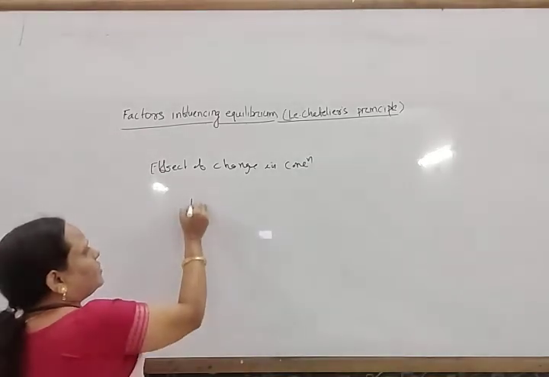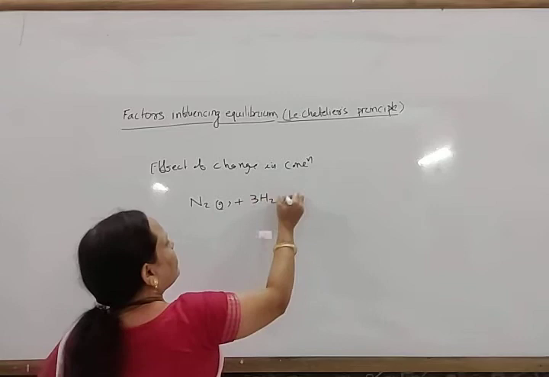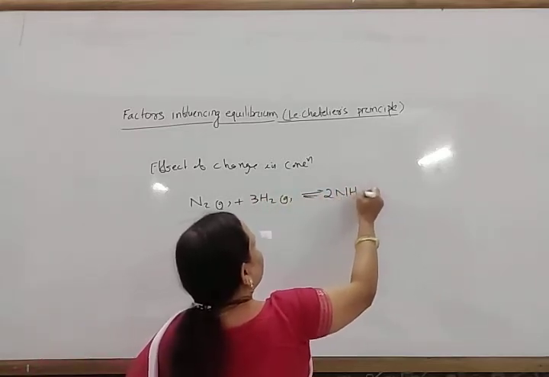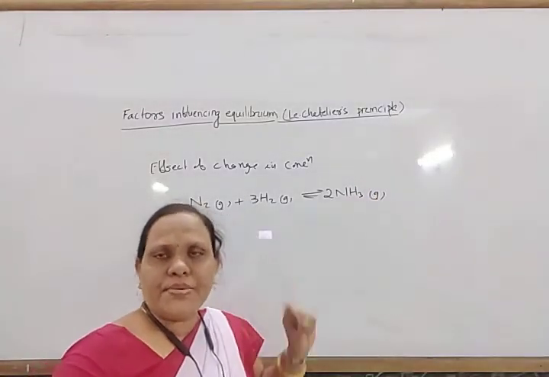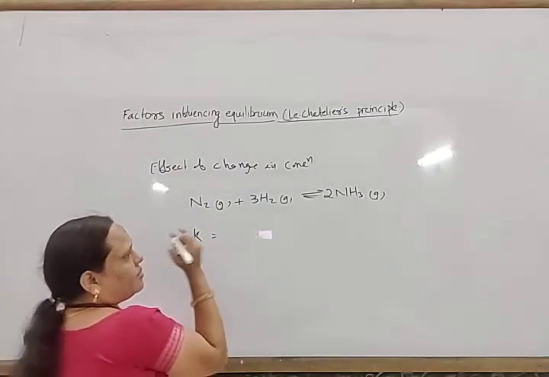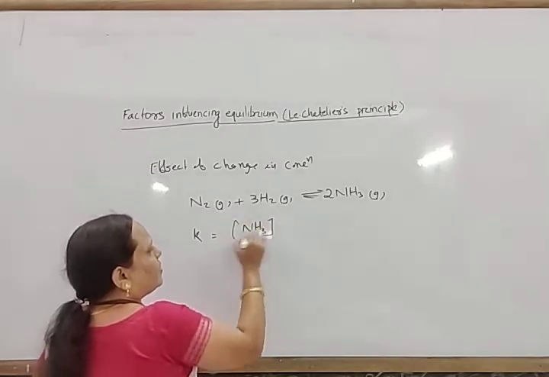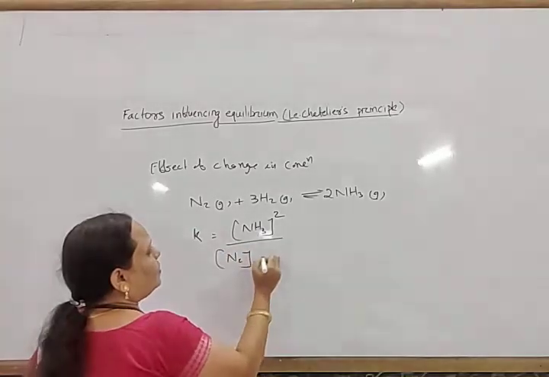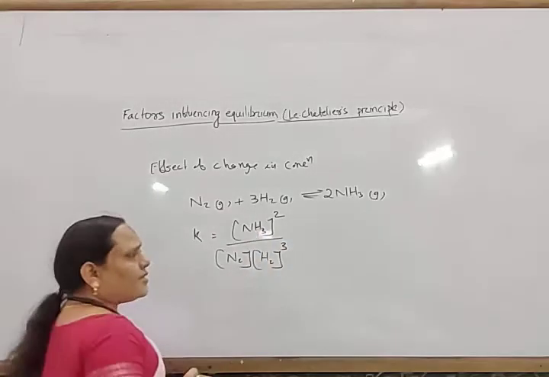Look at this example. Suppose N2 gas plus 3H2 gas gives 2NH3 gas, and this reaction is in equilibrium condition. Then what is the equilibrium constant? K is equal to [NH3] squared divided by the molar concentration of N2 into the molar concentration of H2 to the power 3.